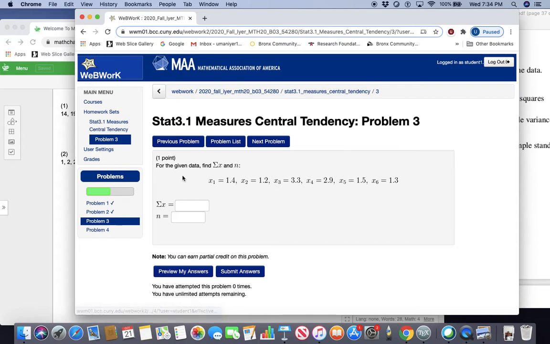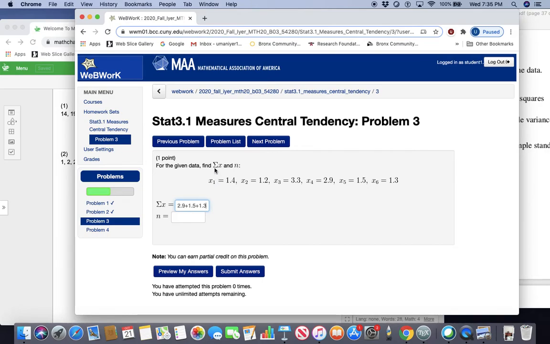Next problem. For the given data, find summation x. Summation x means add every x. So I'm going to simply write down 1.4 plus 1.2 plus 3.3 plus 2.9 plus 1.5 plus 1.3.